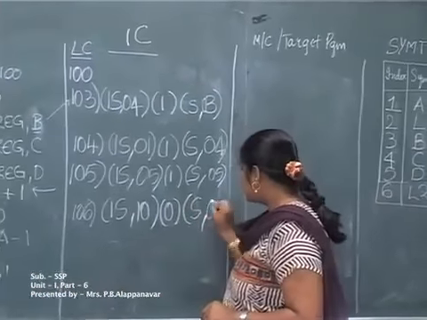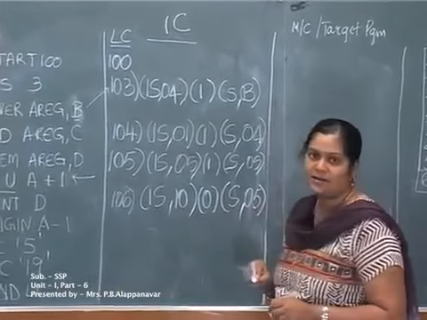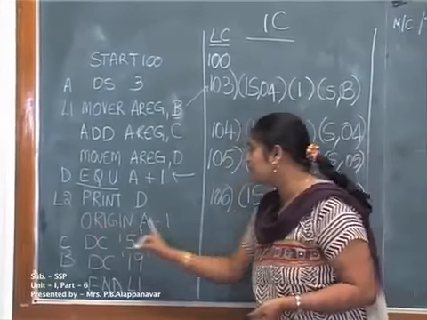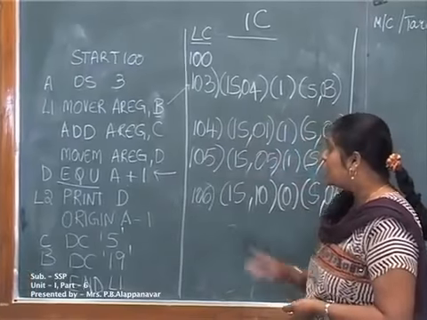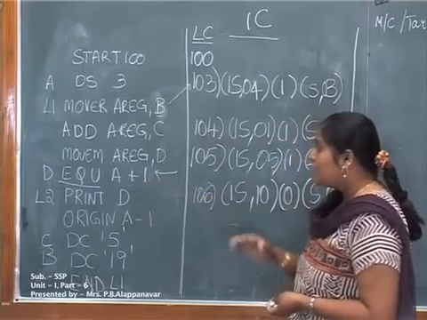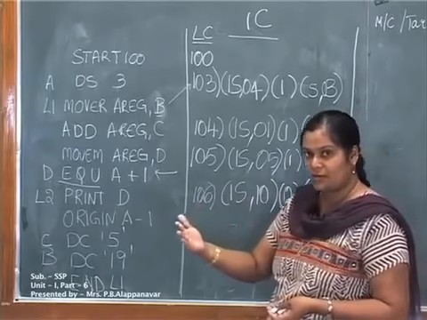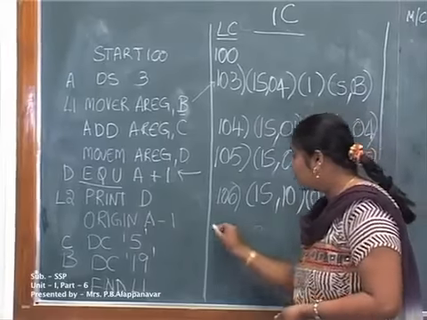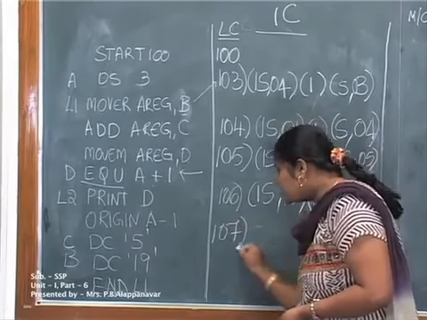So it is symbol 5. Now what happens when you encounter a statement ORIGIN A minus 1? After it has finished processing this particular statement, it will increment the location counter by the size, which is obviously 1 in this case. So the location counter value becomes 107.